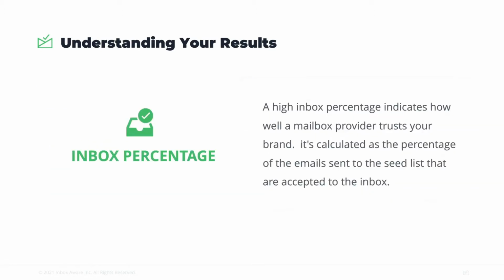And to define these, the inbox percentage is an indication of how well a user or a mailbox provider trusts your brand, right? It is calculated by looking at the entire campaign that you sent and what percent or count of those emails actually made it to the inbox, where they didn't get stopped by filters.